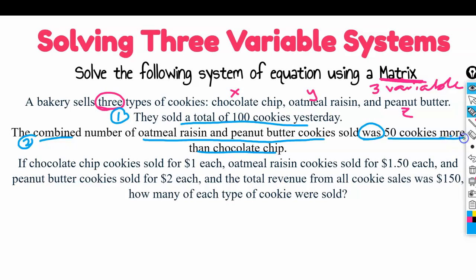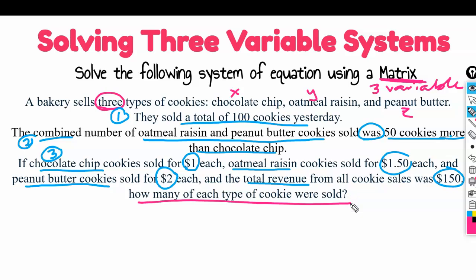Important. Then I have another sentence, so that'll probably be my third equation. If chocolate chip cookies sold for $1 each, oatmeal raisin cookies sold for $1.50 each, and peanut butter cookies sold for $2 each, the total revenue was $150. How many of each type of cookie were sold?